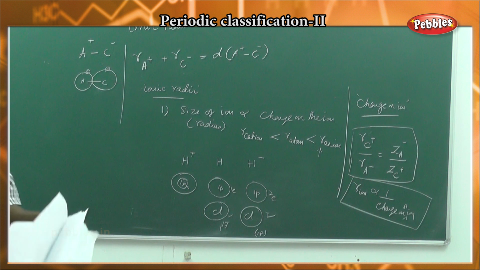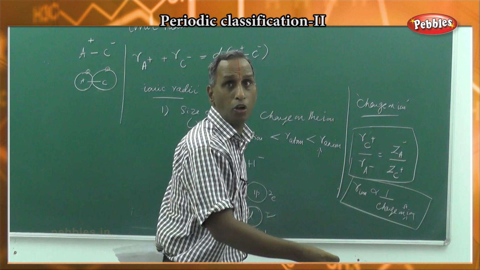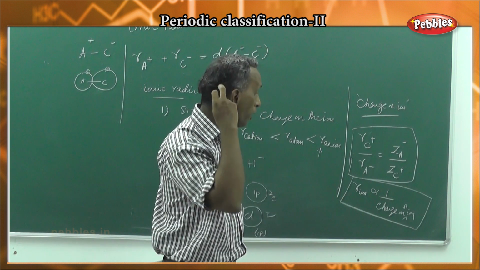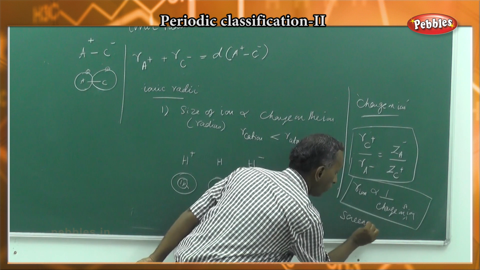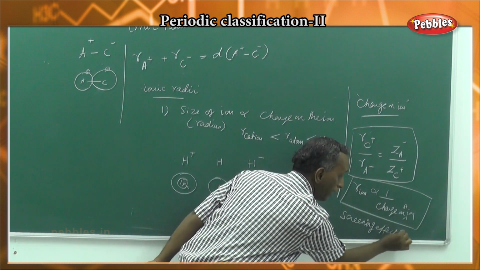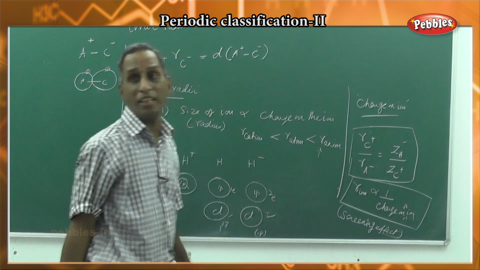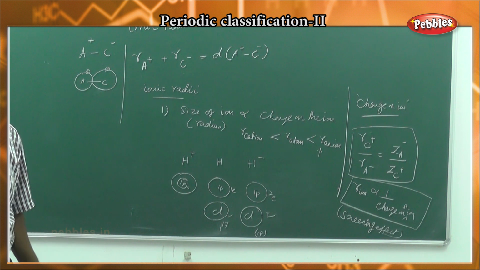Slater rules give information on why it is inversely related to the charge on the ion. The radius of an ion is inversely related to the charge on the ion because of a concept called the screening effect. So next is the Slater rules, which give information about the screening effect. That is to be noted.